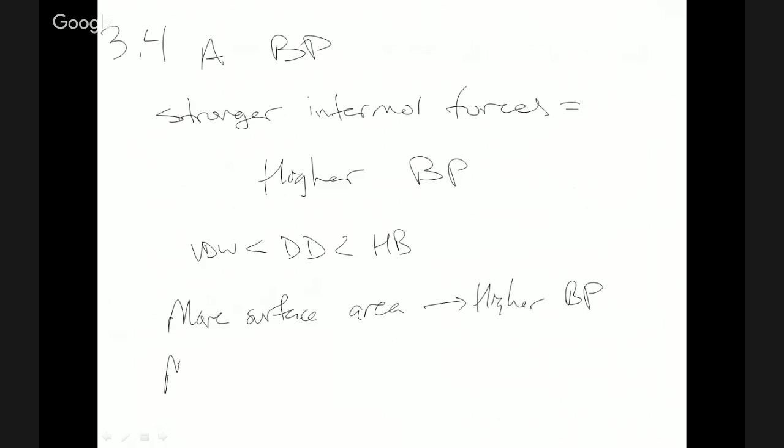And finally, more polarizable atoms, higher boiling point.